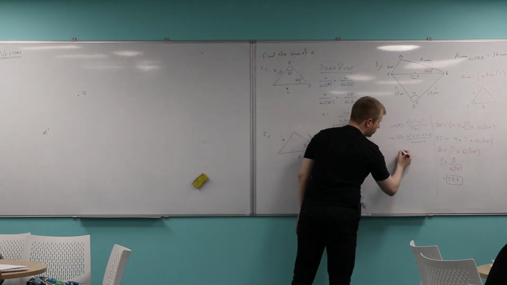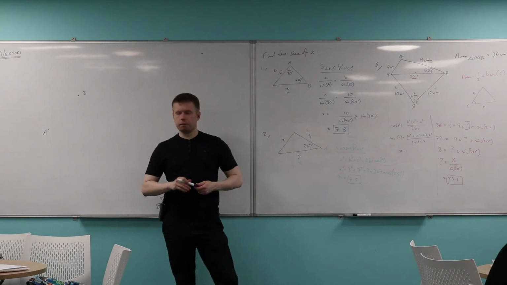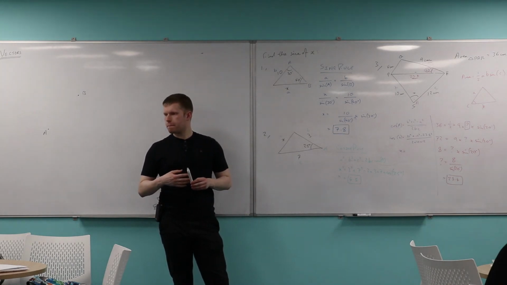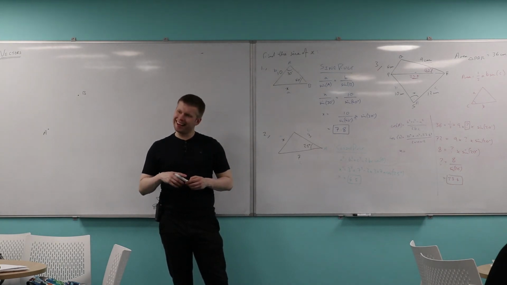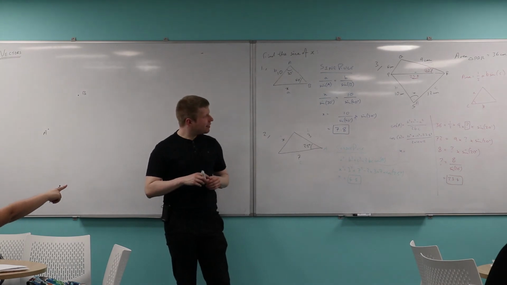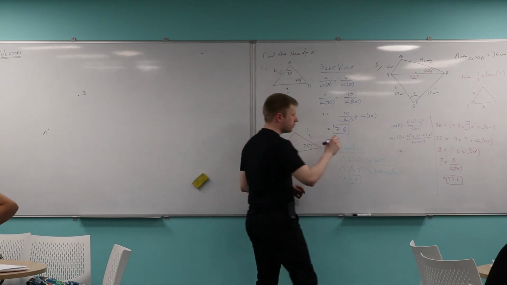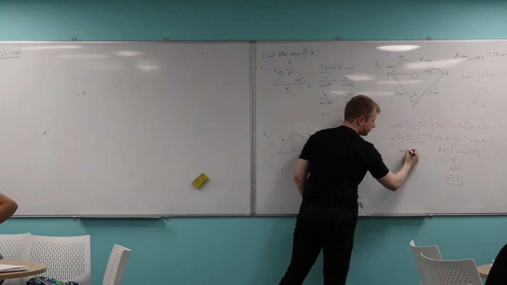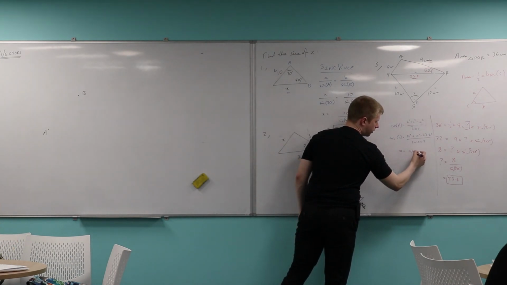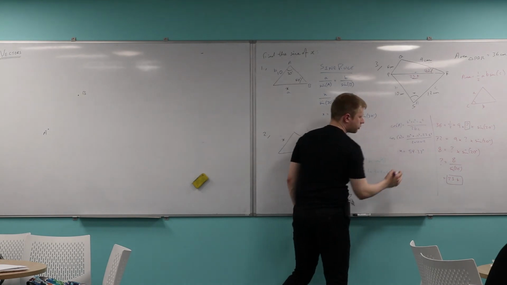So what would x be? Has anybody stuck that in a calculator and found it? 59.33 degrees. Okay, good.